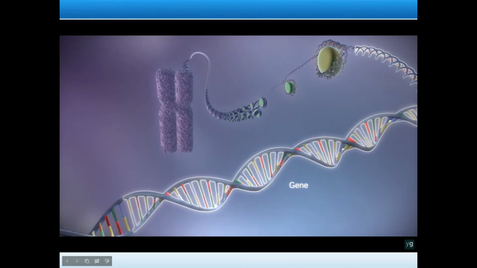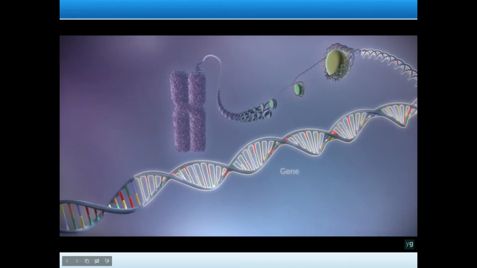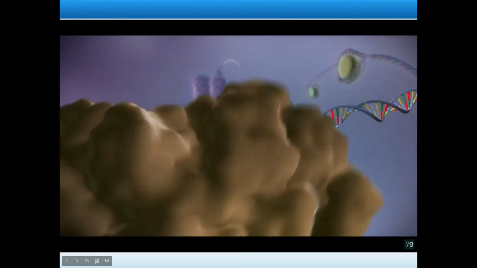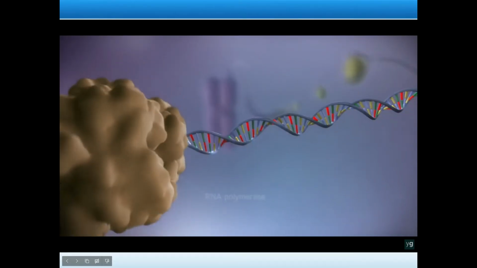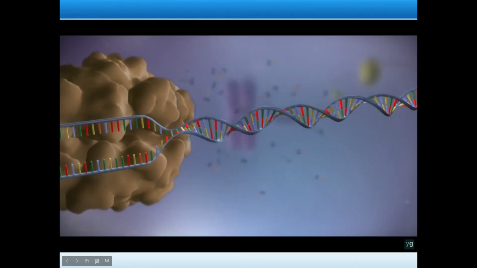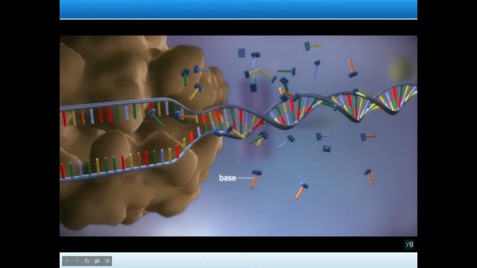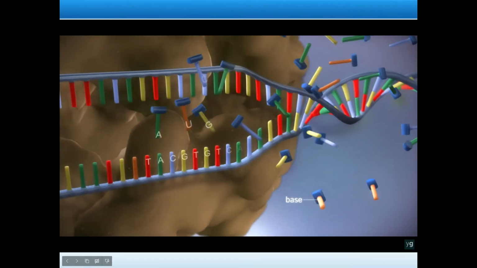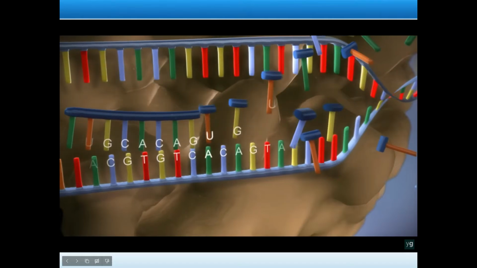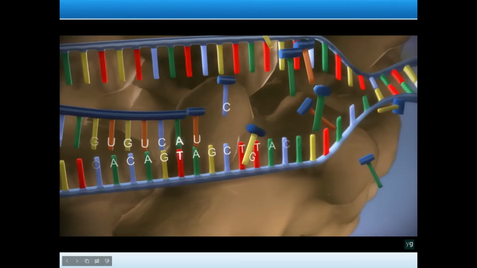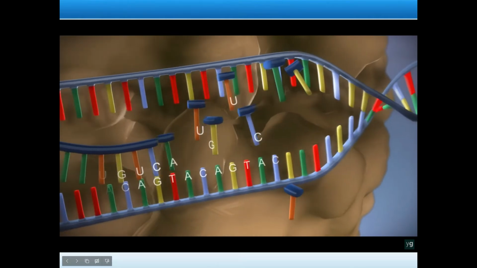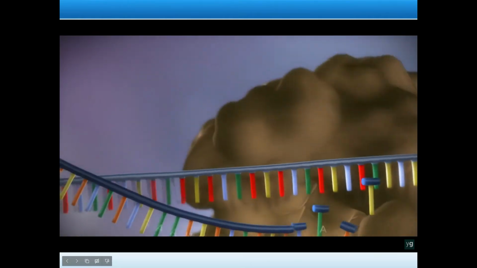These genes contain the instructions for making proteins. When a gene is switched on, an enzyme called RNA polymerase attaches to the start of the gene. It moves along the DNA, making a strand of messenger RNA out of free bases in the nucleus. The DNA code determines the order in which the free bases are added to the messenger RNA. This process is called transcription.